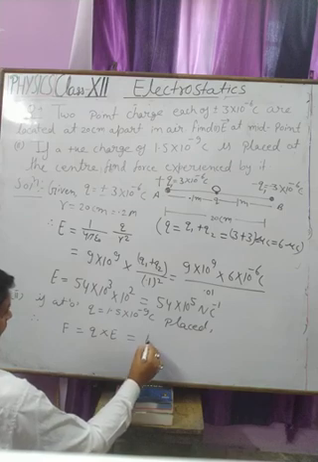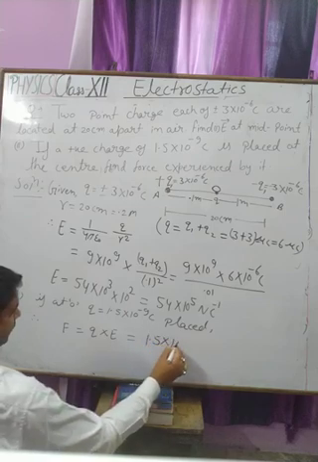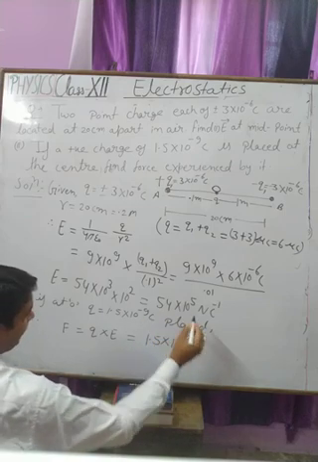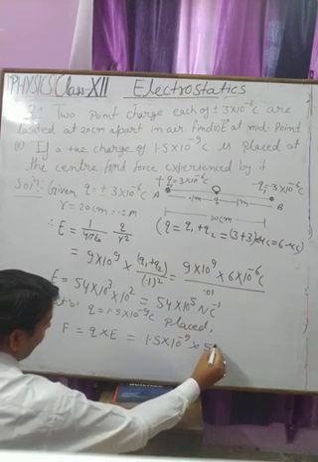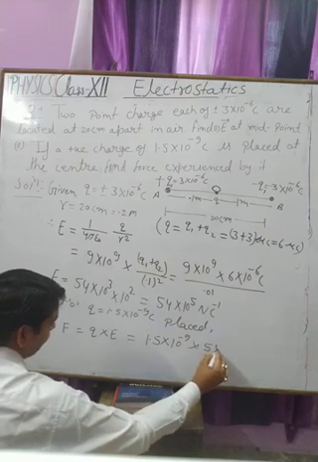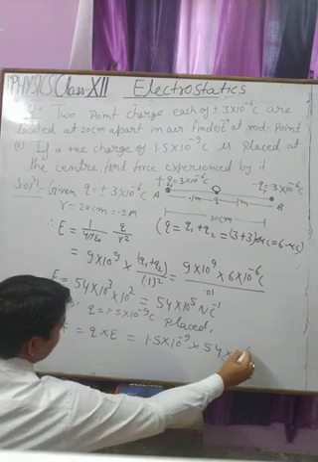So 1.5 into 10 to the power minus 9, and this value is 54 into 10 to the power 5.